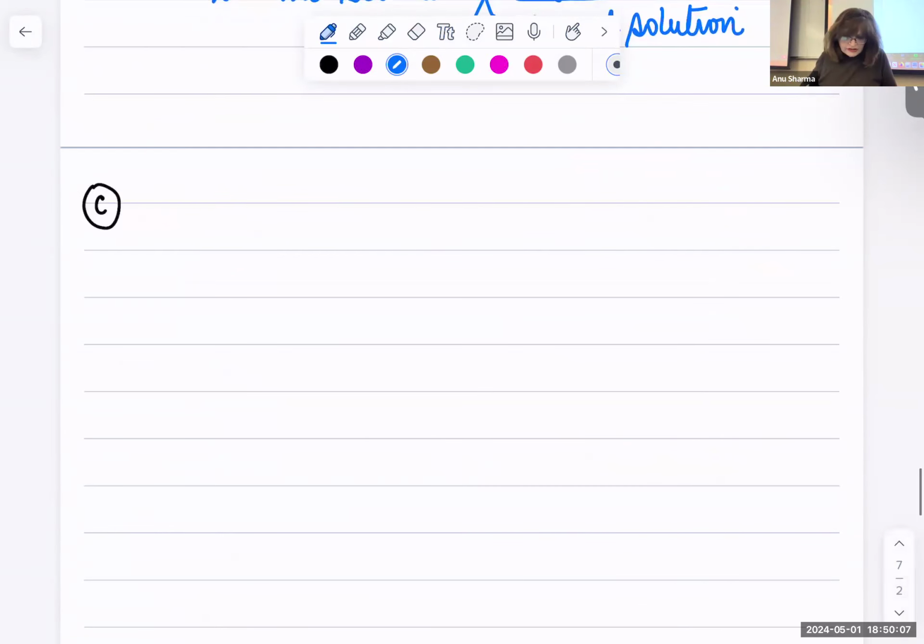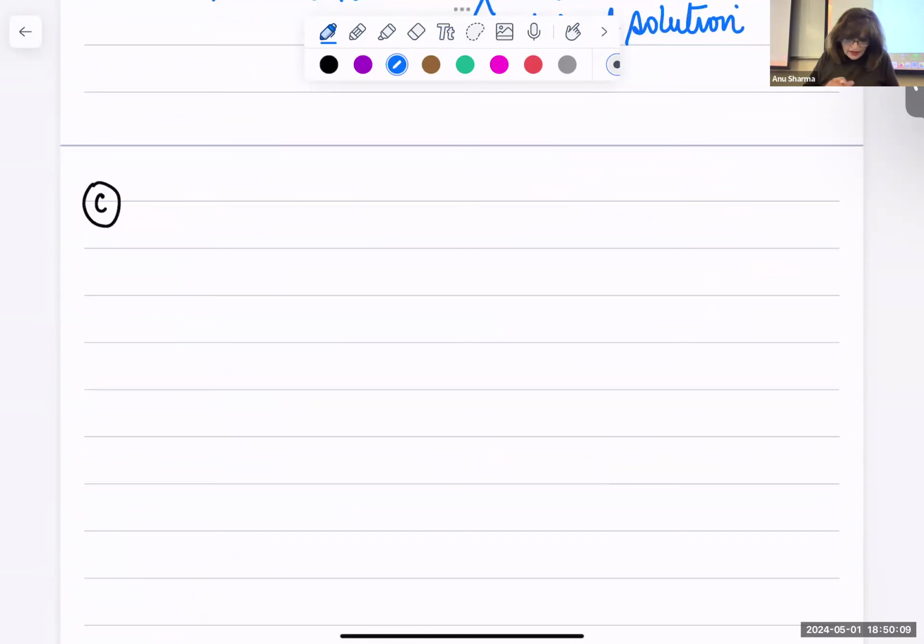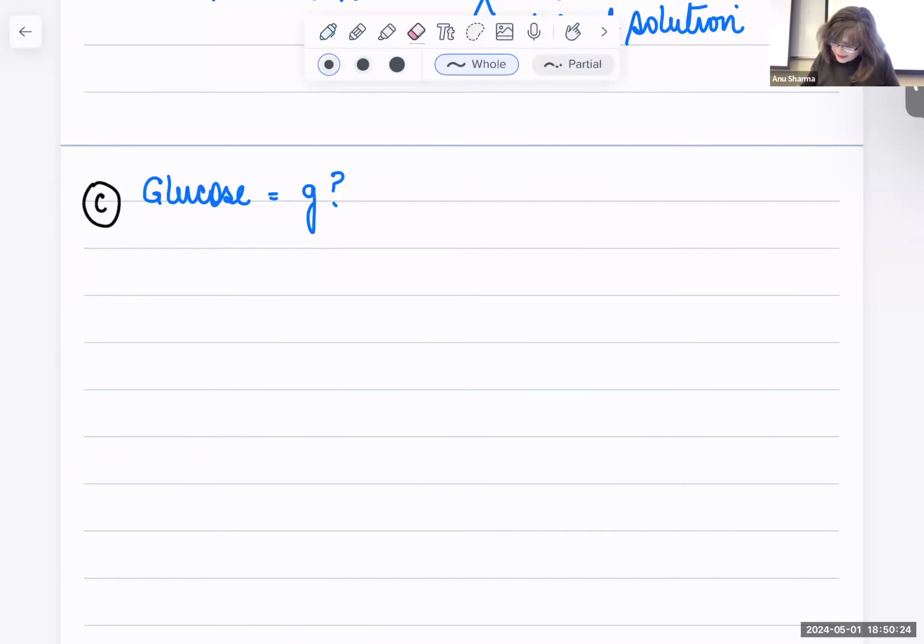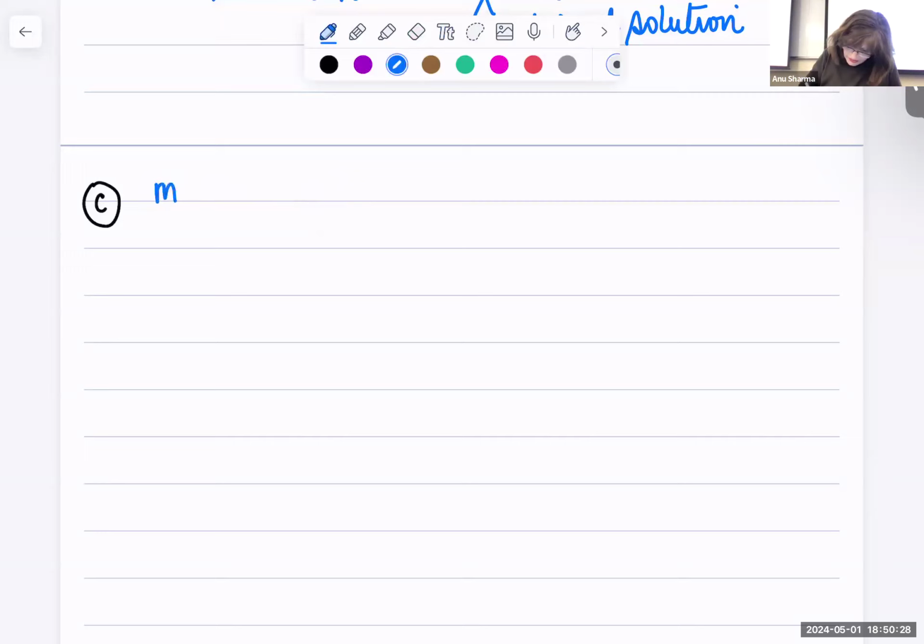Okay. Next, another question: how many grams of, let's say, glucose are needed to prepare, oh, sorry, wait a minute. It's not, we already did that. Mass by mass percent, okay? Let's say, calculate mass by mass percent.